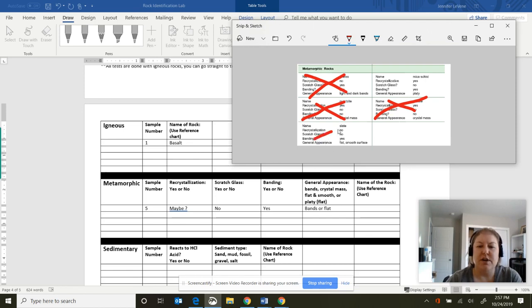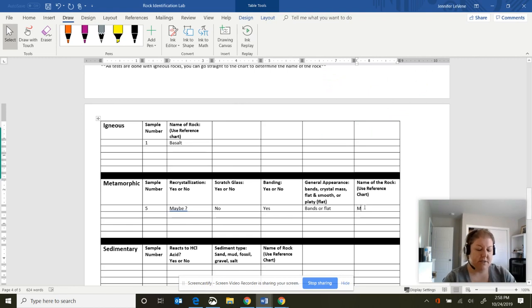So we know it wasn't smooth, so we got rid of that one. So there, we just found out what our rock was. It's a mica schist. Okay, so I can go in here. I'm going to type this out. Okay, so I think number 5 is a mica schist.